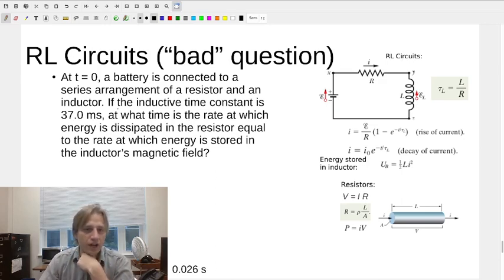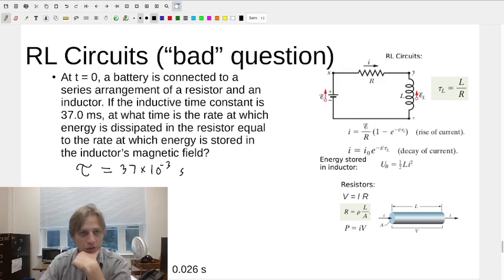If the inductive time constant is 37 milliseconds, so it's going to be 37 times 10 to the minus 3 seconds, at what time is the rate at which energy is dissipated in the resistor equal to the rate at which energy is stored in the inductor's magnetic field?